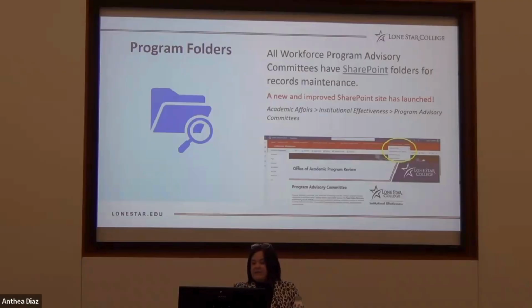You can see a picture here: if you navigate to academic affairs, institutional effectiveness, over to program advisory committees, there is quite a bit of information about the why and the how we document that, and the resources you need, such as membership lists and the kind of information that we try to gather for those companies and participants, and your meeting template, because it is important to adequately document that conversation and what we're doing to follow up on that.